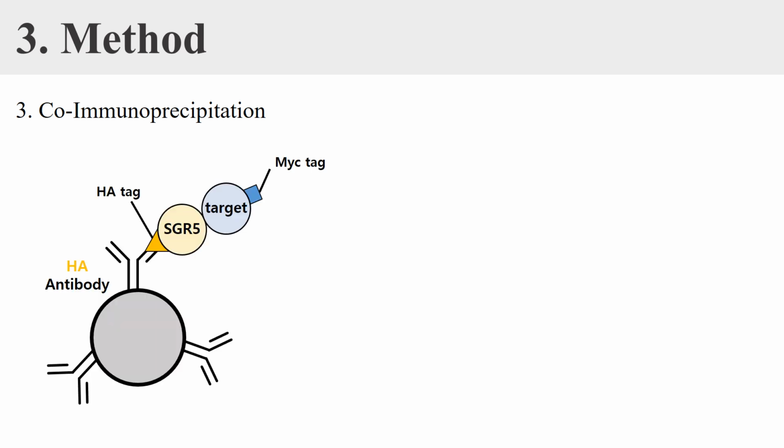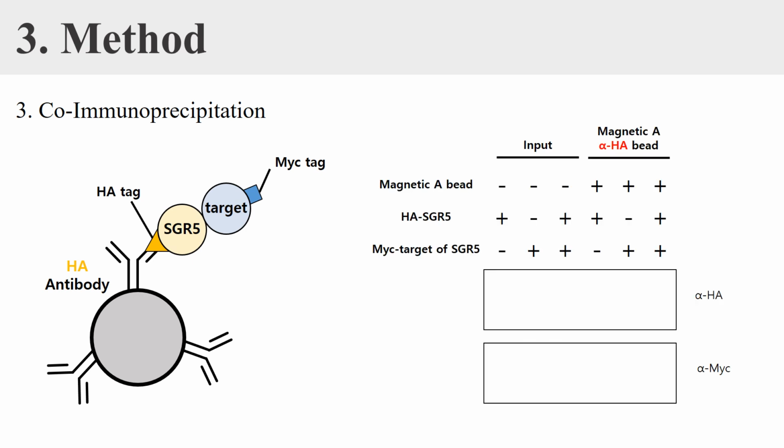When Western blot is performed by sedimenting HA-SGR5 and MYC-tag target on this principle, the following result should be displayed. First, since input detects my protein contained in total protein, the result should appear like this.